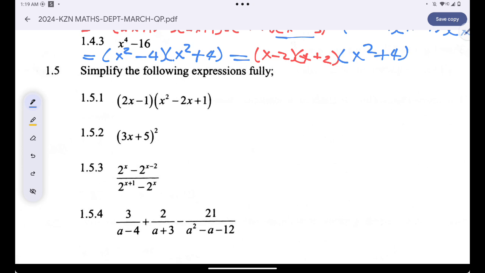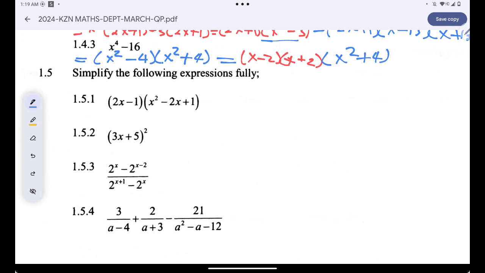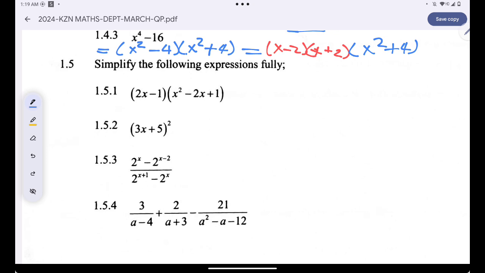Question 1.5.1, I'm supposed to simplify fully.